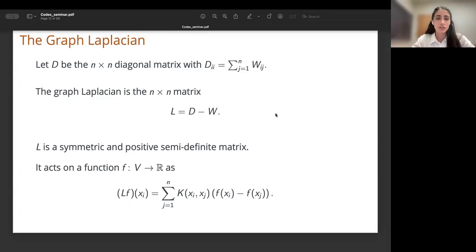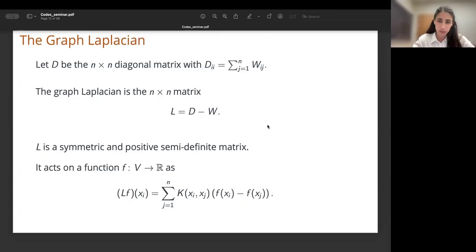And then after we have constructed this degree matrix, the graph Laplacian is just L = D minus W, where W is the weight matrix that's coming from our affinity kernel. So it is easy to see that L is a symmetric matrix because both D and W are symmetric. And moreover, we can show that it is a positive semi-definite matrix.